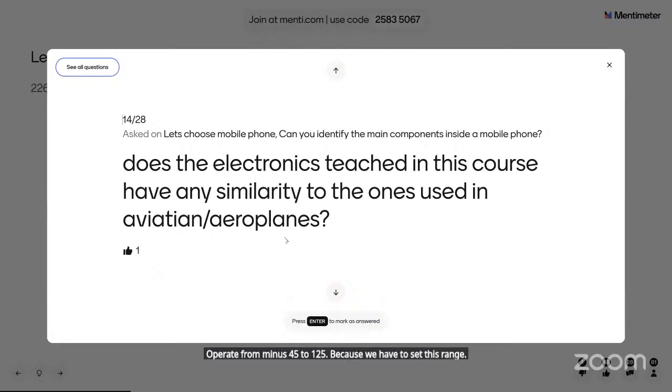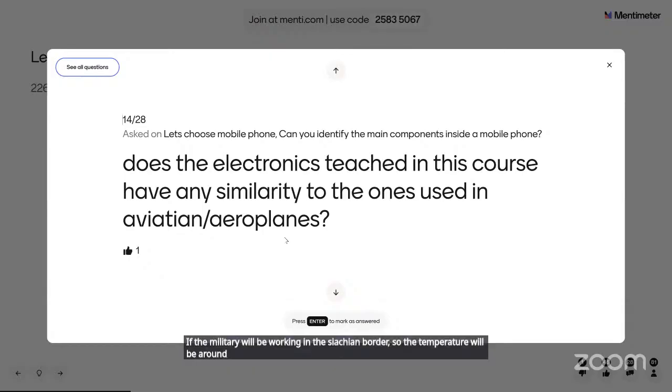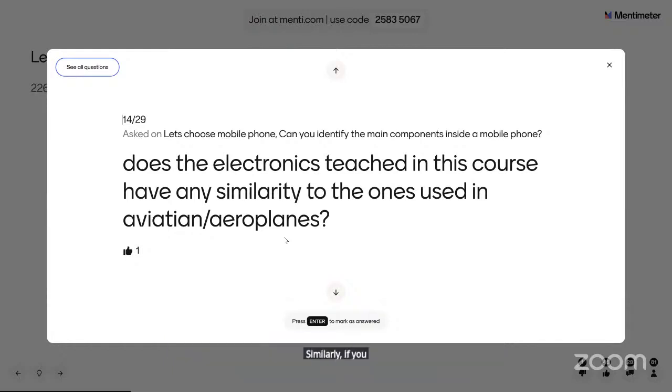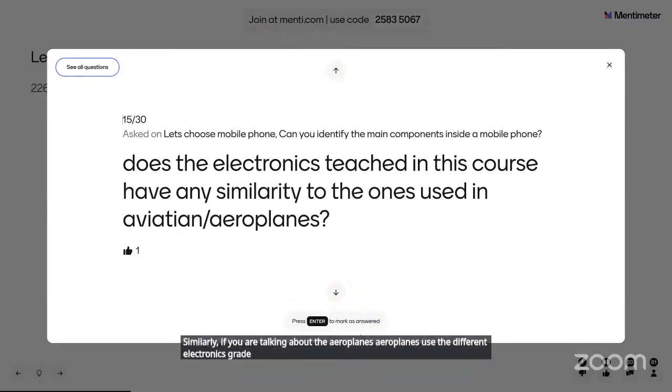If the military is working on the Siachen border, the temperature will be around minus 30, minus 35. So normal consumer electronics is not working for that part, so we have to switch to military grade electronics. Similarly, aeroplanes use a different electronics grade, because their operating range and operating pressure will be changed.